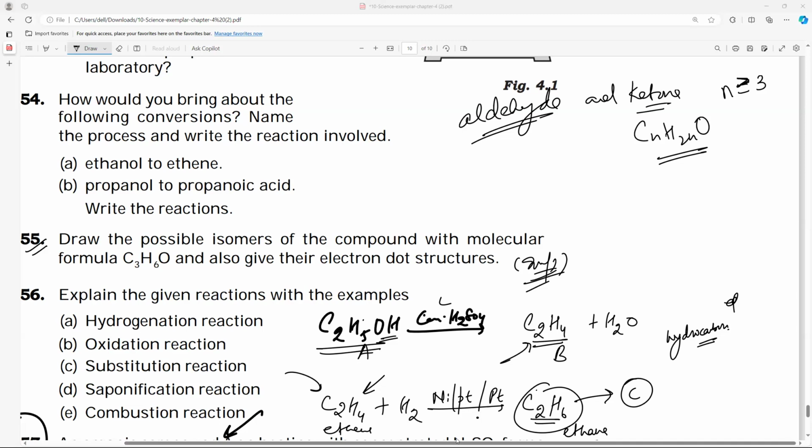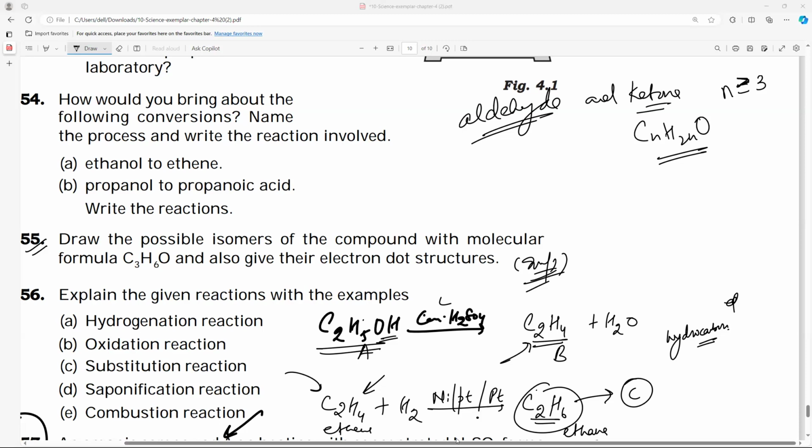You know that chain isomerism starts from butane, when we have four carbons. But functional isomerism starts with three carbons. Like you see here, this is the general formula CnH2nO, and this general formula is for ketone as well as aldehyde.